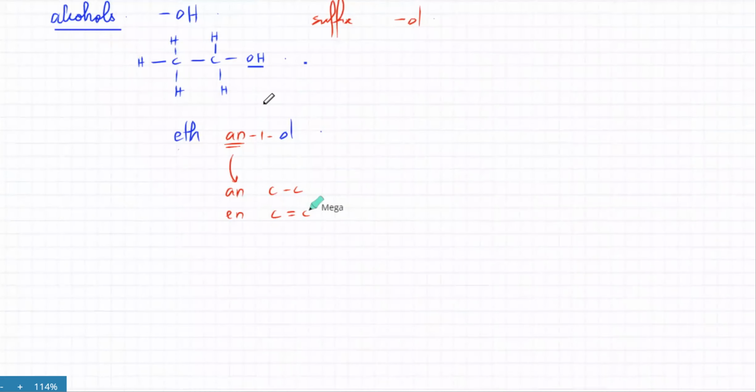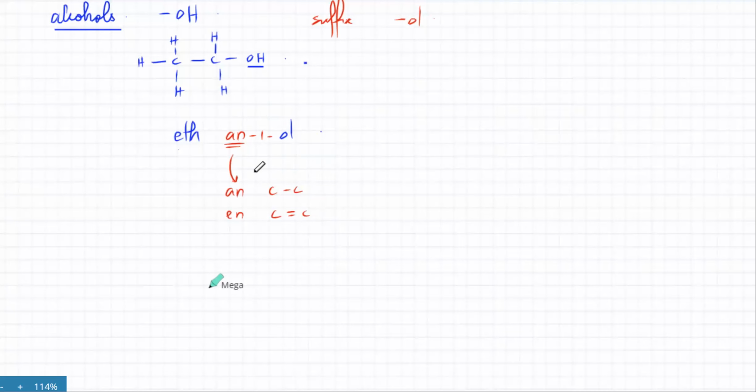Any organic compound is going to have this middle part, which is AN or EN. That will tell you whether the carbon chain is saturated with single bonds, or whether the carbon chain has double bonds. For example, propanoic acid, pentanoic acid, pentanol, everything is going to have this AN or EN.